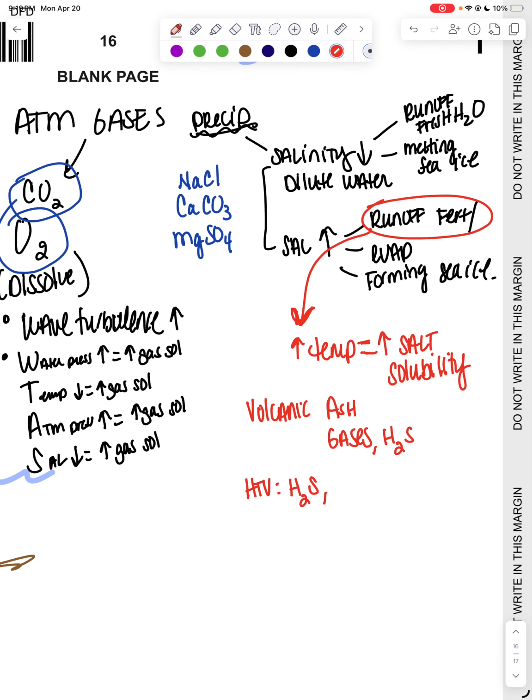You can also say sulfates, sulfur dioxide, I think hydrochloric acid, HCl. All those things will come out of the volcanoes as well. So the ash will get dissolved. It can also get dissolved in the rain, but the gases will also get dissolved into the ocean.